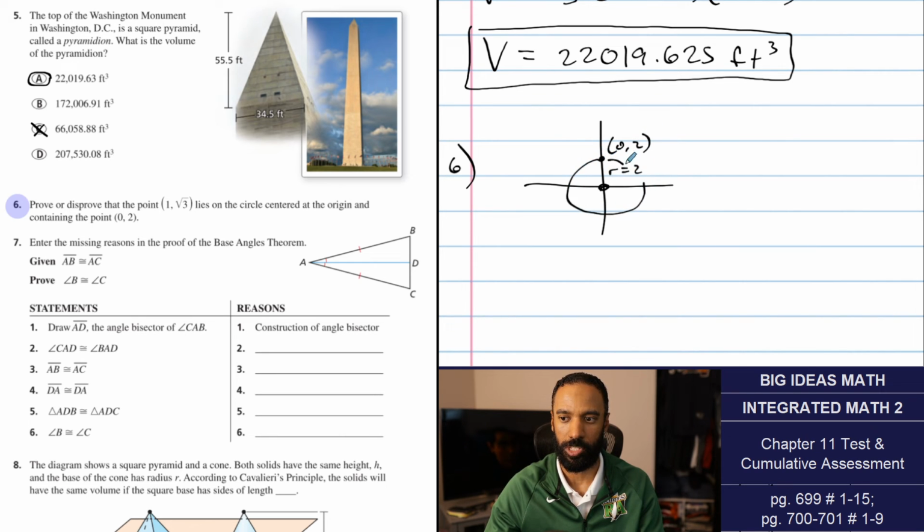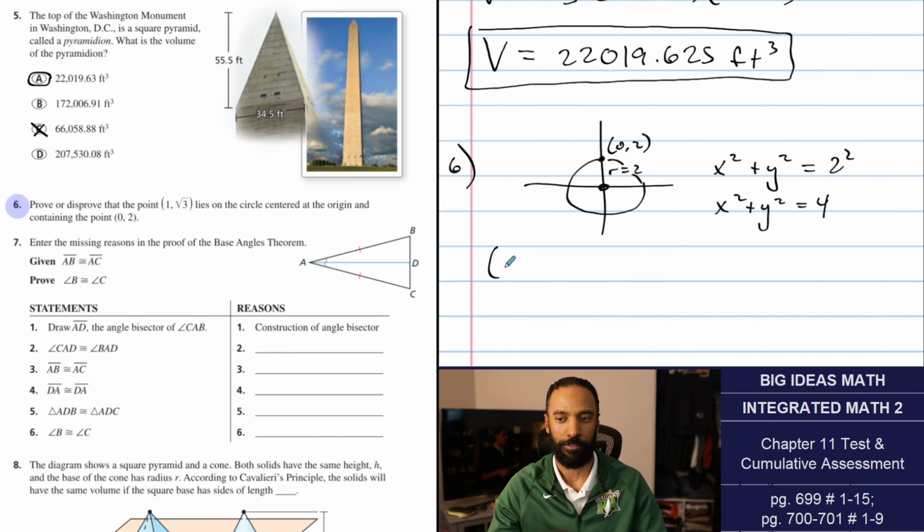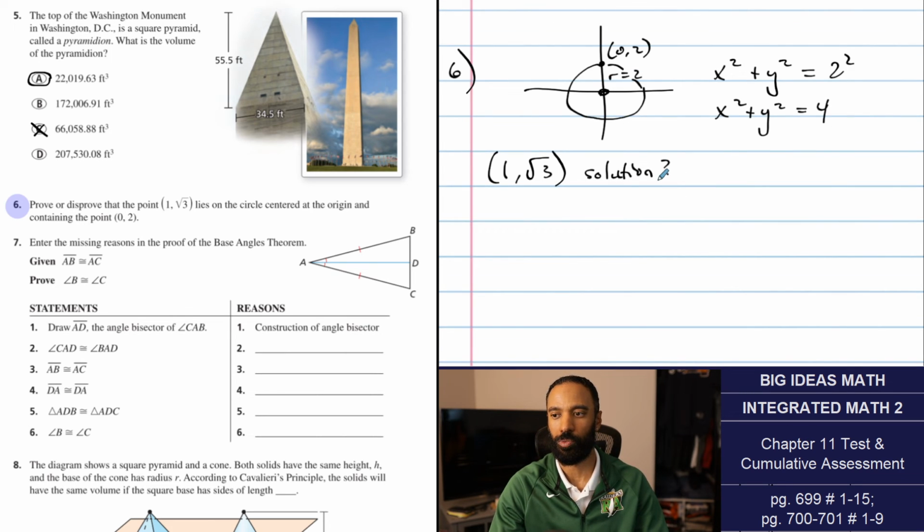Centered at the origin, that means you have an h, k of 0, 0. That means this equation is x squared plus y squared equals 2 squared, or x squared plus y squared equals 4. We have to see, if I plugged in 1 for x and √3 for y, is that a solution? Do I get a true equation out?